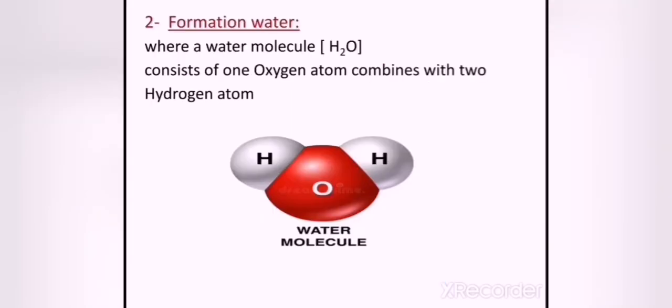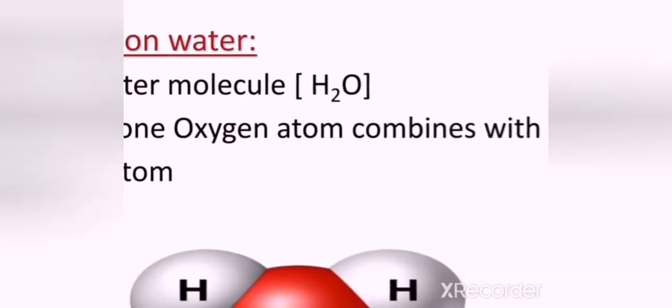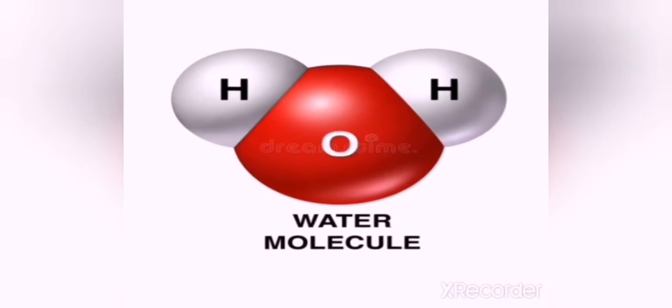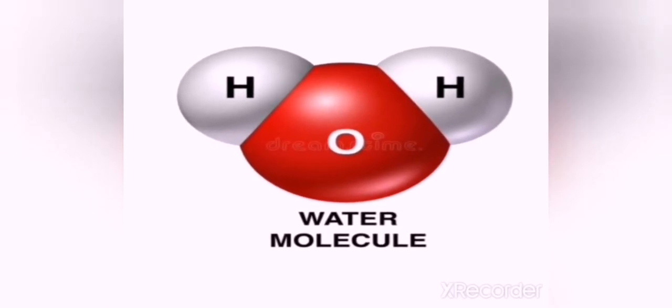Number two, the oxygen gas is used to form the water molecule, because the water molecule consists of one oxygen atom combined with two hydrogen atoms. So the oxygen gas is very important in the formation of water.